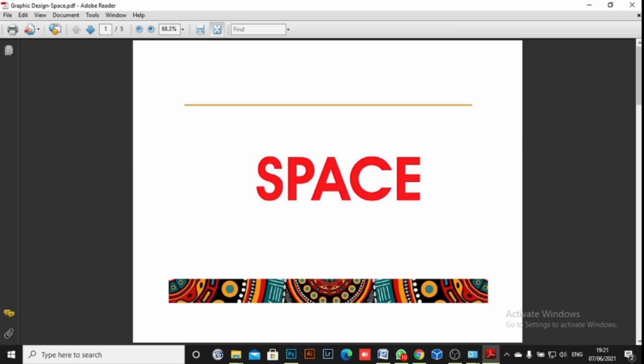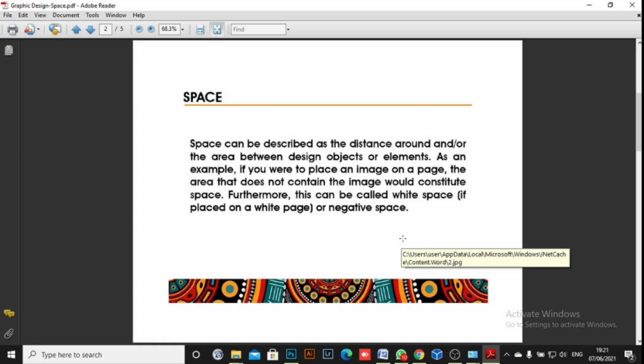All right, so what is space? Space is a vital part of any good graphic design. Space is the area around the elements in a design. It can be used to separate or group information.